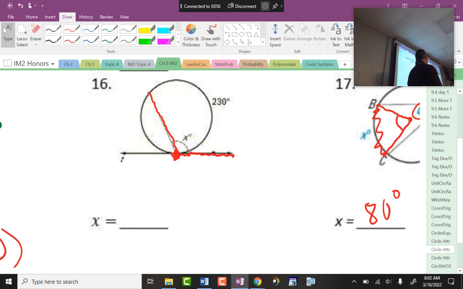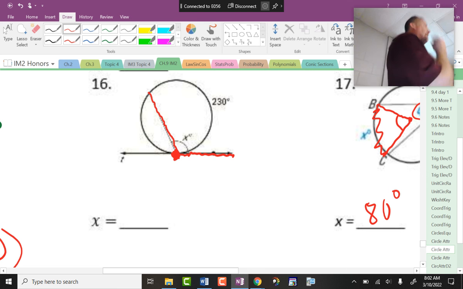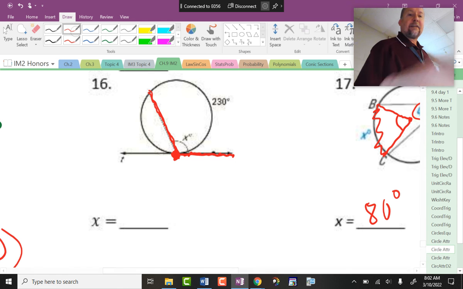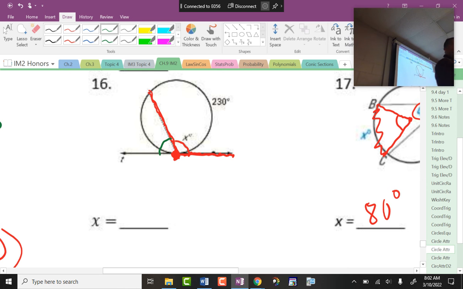So why I did that 17 first is 16. People do not recognize this as an inscribed angle, and it is. Even though this is a tangent line, when I look just at this, well, I got another way of thinking about this. Look at these two angles. I could rationalize this out. What's the relationship between the red and the green angle? What do those two add up to become? 180.